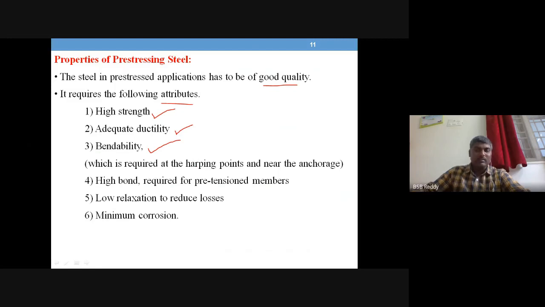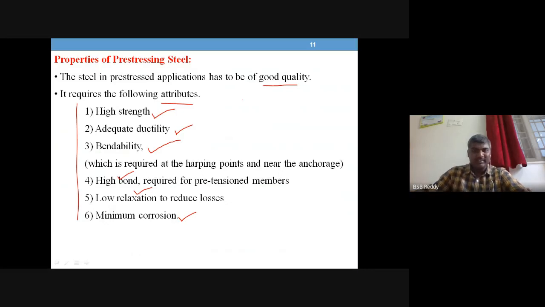We need high bond, where pretension members are used, and there should be low relaxation to reduce the loss, and there should be minimum corrosion. These are the properties which we require for pre-stressing steel.